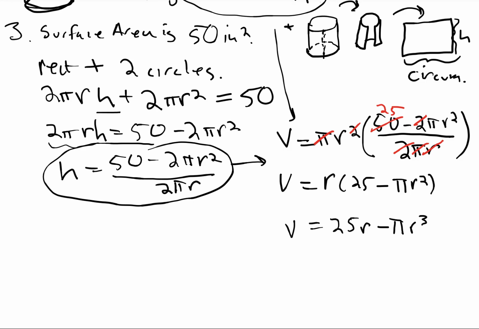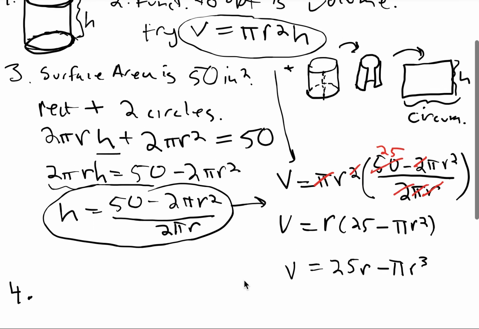Now, once I've found that, on my next step I can take a look at noting my domain and noting my critical points and the extrema tests that I'm applying them to. Now, if I'm worried about what values of r I can actually use here, let's think about our physical situation.